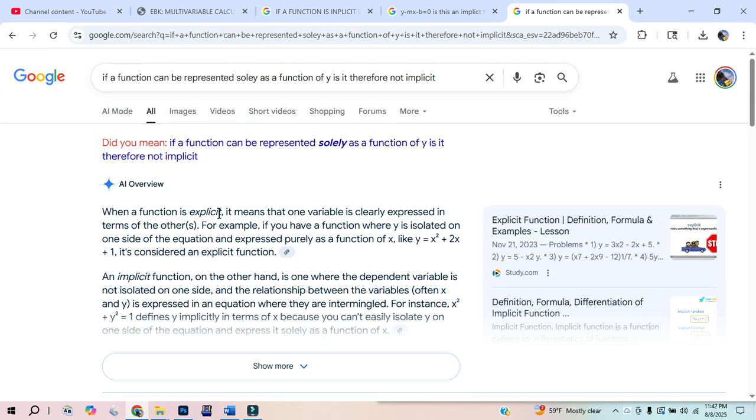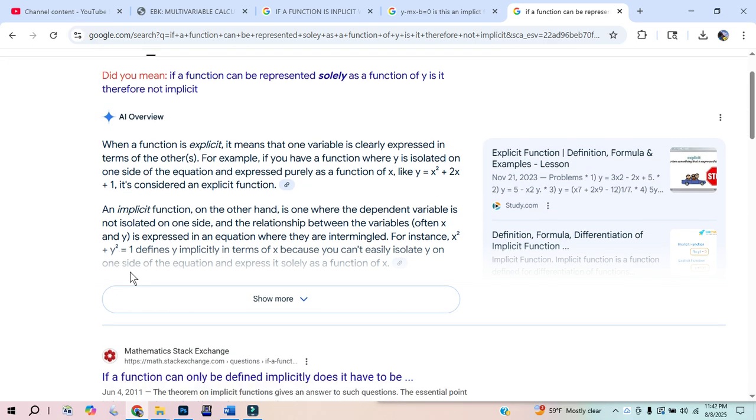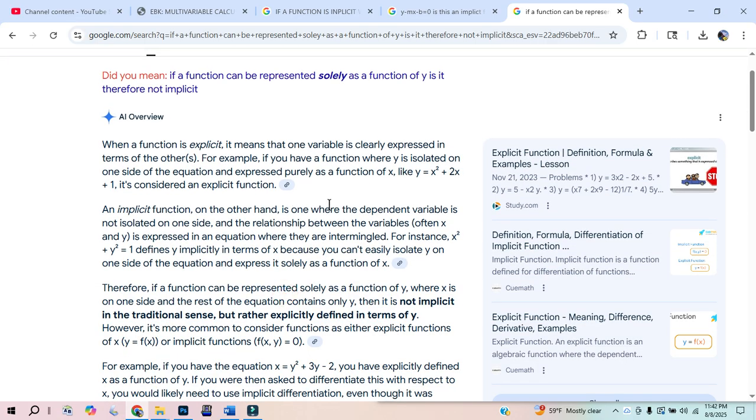When a function is explicit, it means that one variable is clearly expressed in terms of the others. For example, a function where y is isolated on one side is considered an explicit function. An implicit function, on the other hand, is where one of the dependent variables is not isolated on one side.